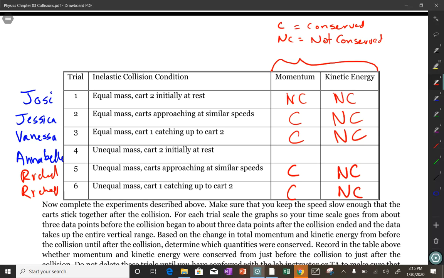Now this one here, once again, maybe look at its trend. It went down, does it follow that trend? Well, this was a downward trend, so yes. It dropped in between because it changed from kinetic to potential. It came back to the same, so I'd say that was still constant.